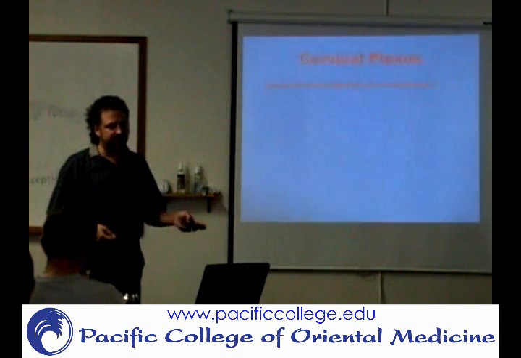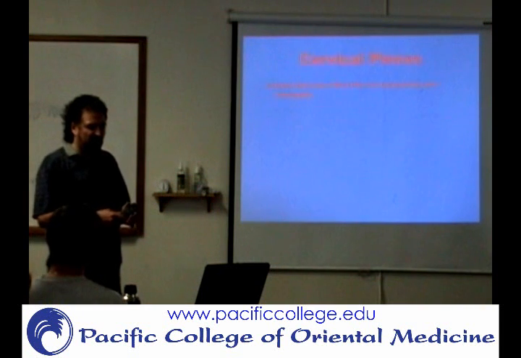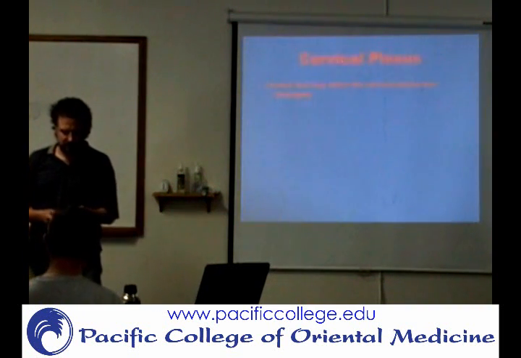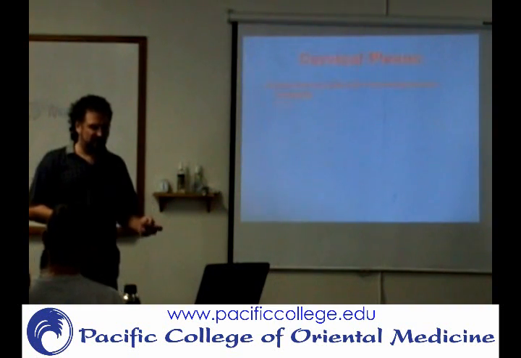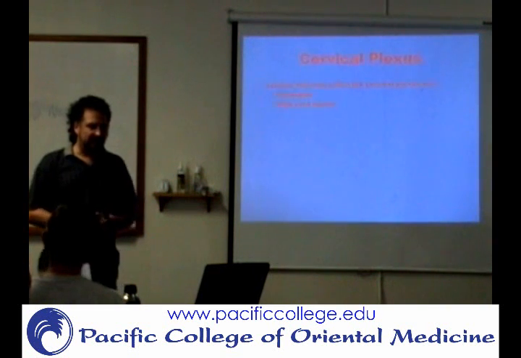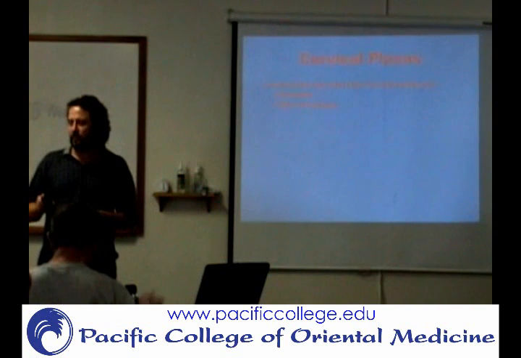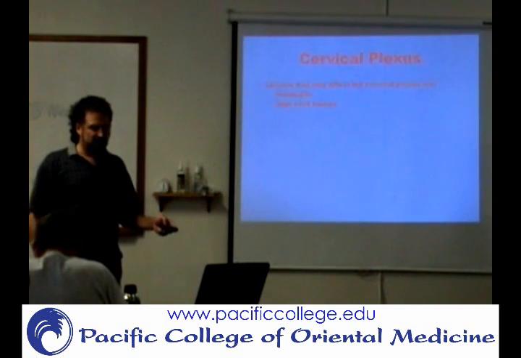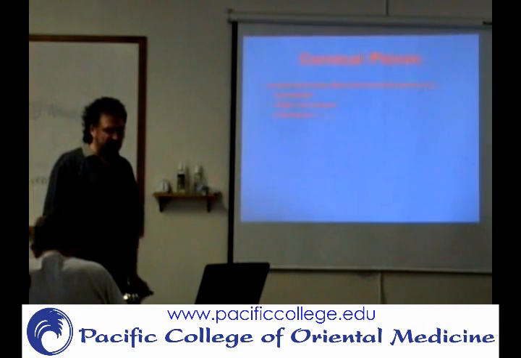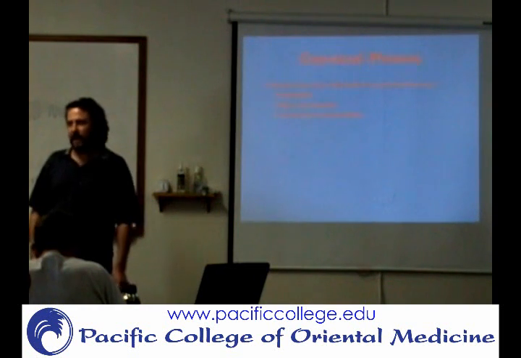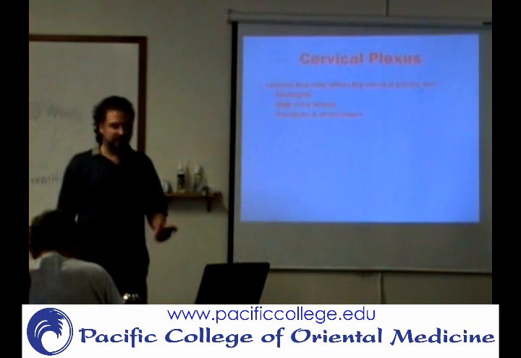Different lesions that can affect the cervical plexus are going to be meningitis, and then tumors that are high up on the cord, because we're talking about C1 through 4, maybe C5. And then any kind of fractures that affect the cervical spine, or dislocations.